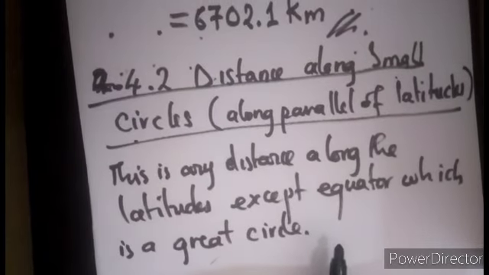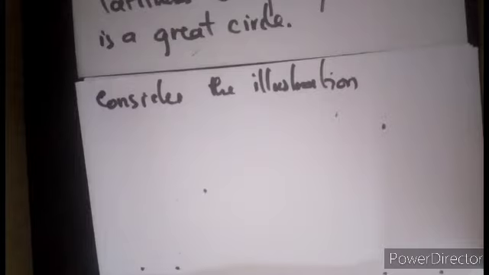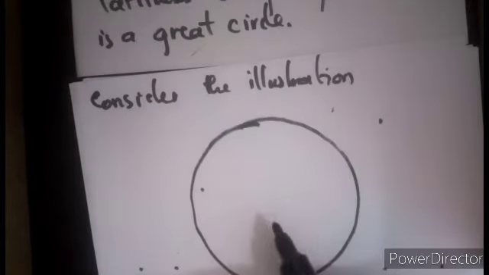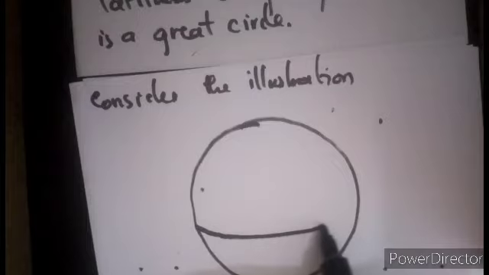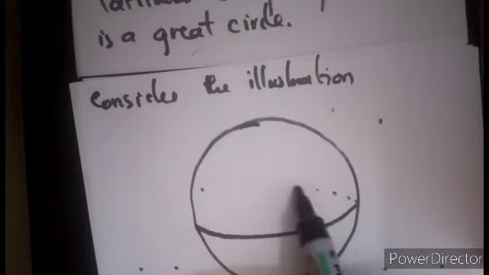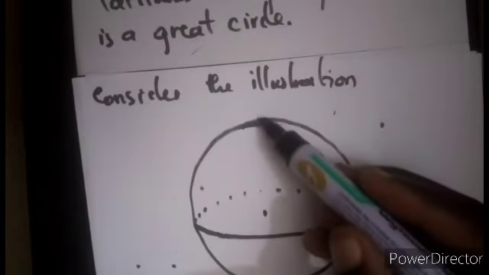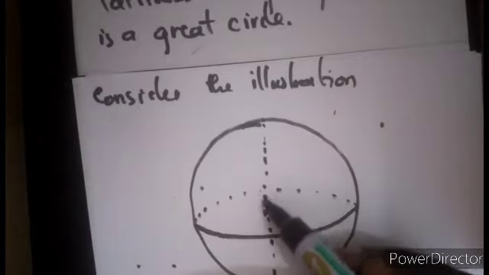Now if you consider this illustration, let's say there is an equator, and let's say this is the Greenwich meridian.